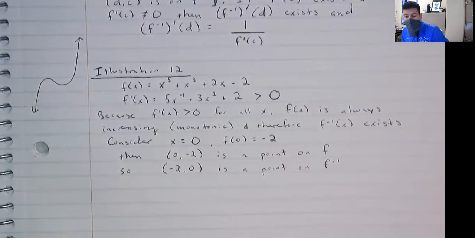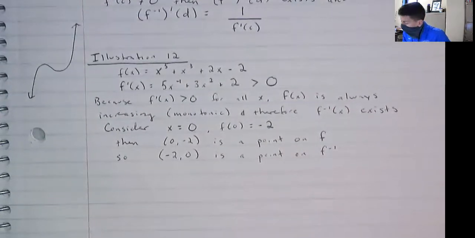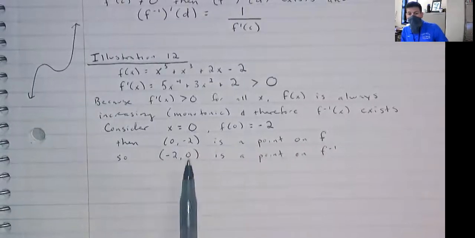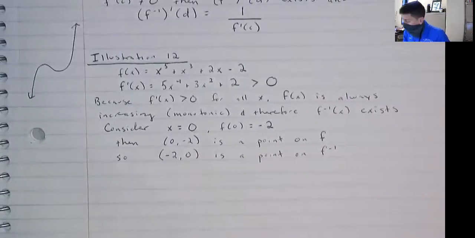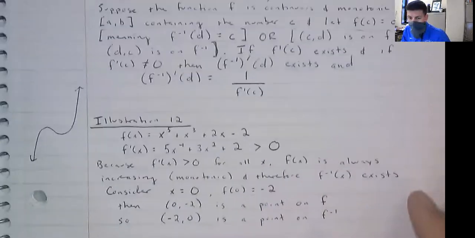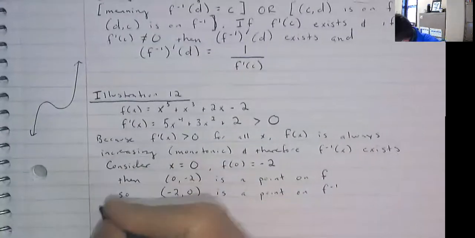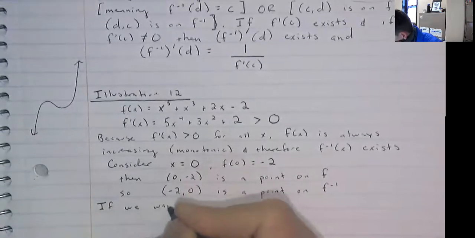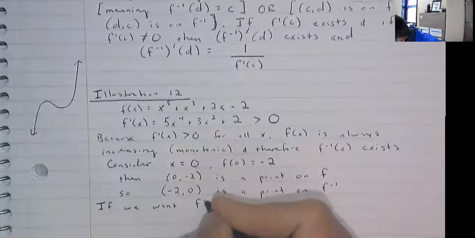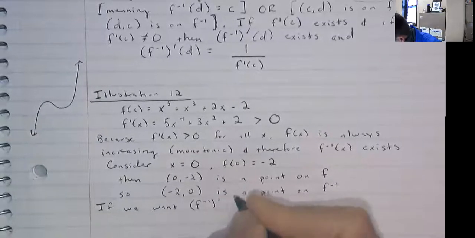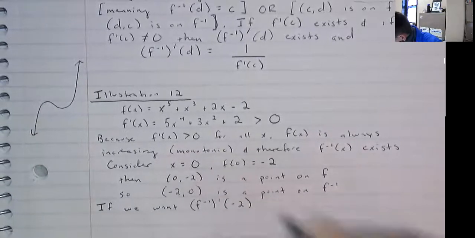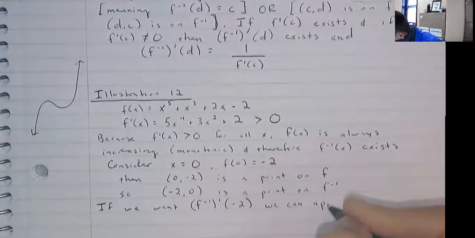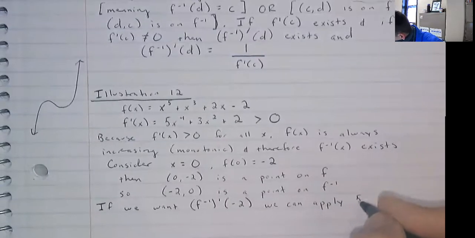And more specifically to our point, if we wanted the derivative of our inverse at -2, this theorem allows us to find it. If we want the derivative of our inverse at -2, we can apply 5.1.8.